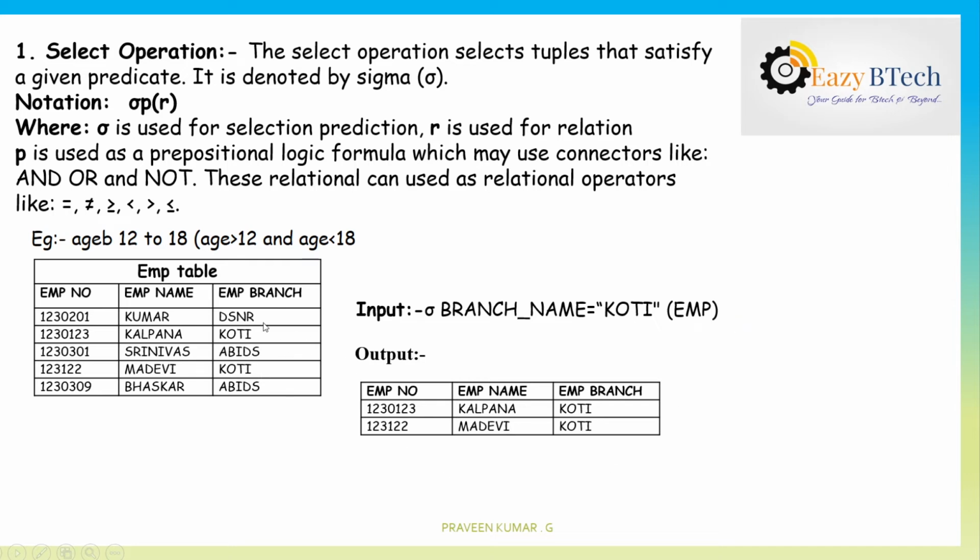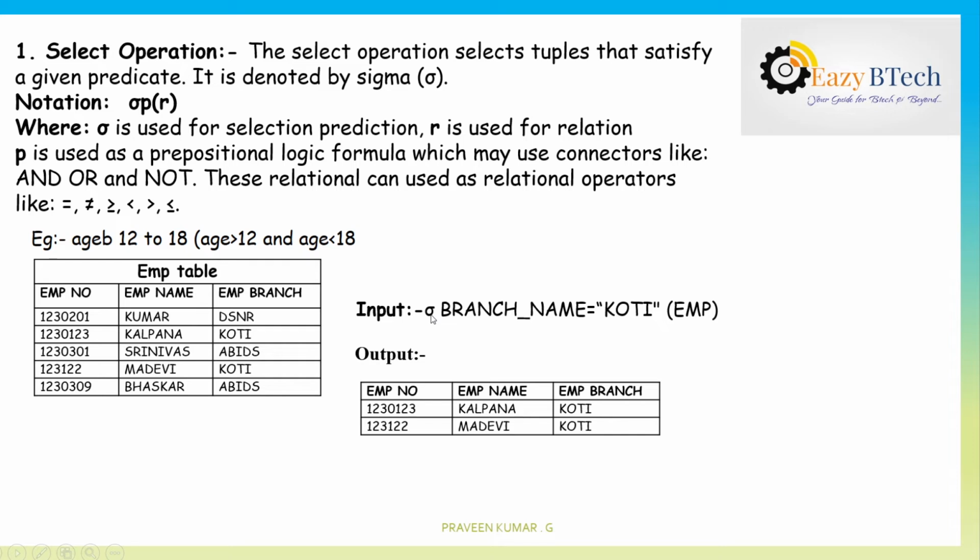I want to retrieve the employees working in the branch quote. Here we have 5 employees, and 2 of them, Kalpana and Madhavi, work in the quote branch. I want to know which employees work in the quote branch, and that is why we use select.